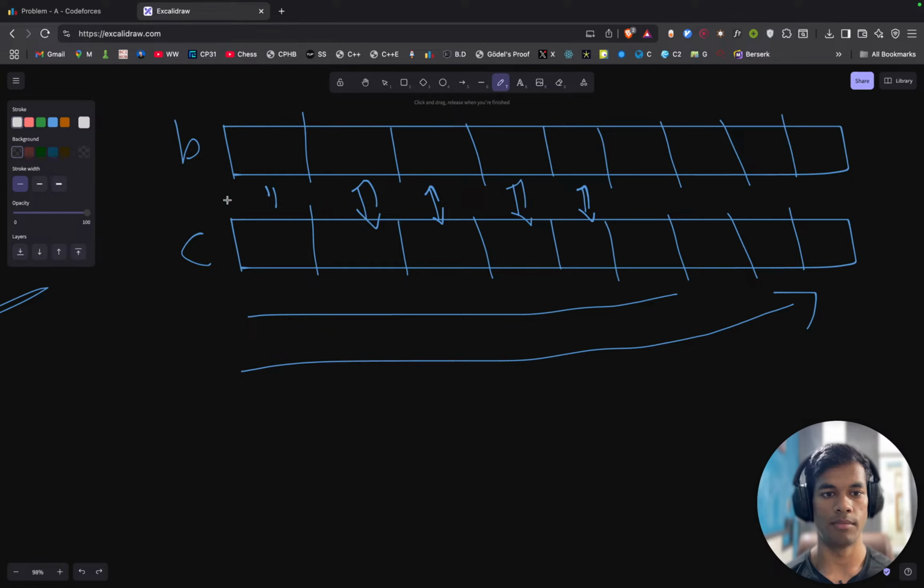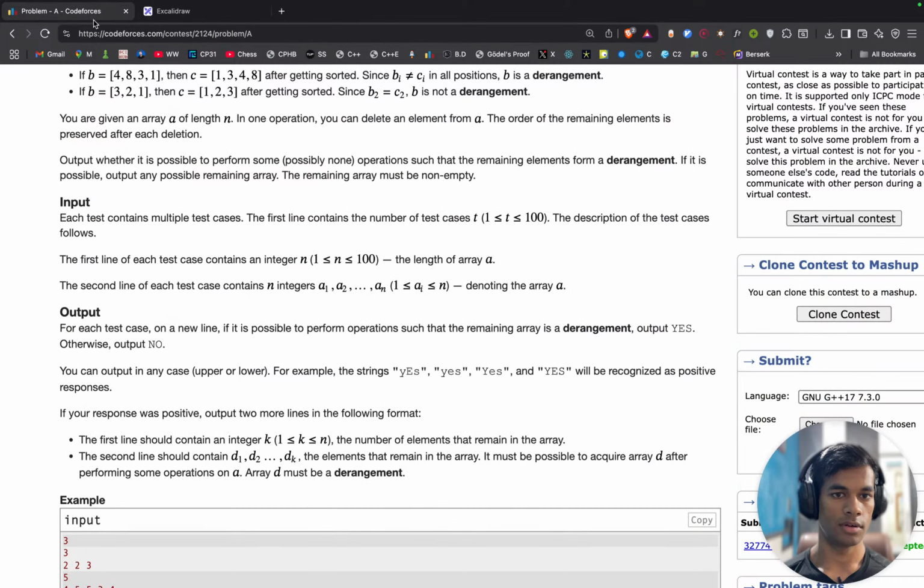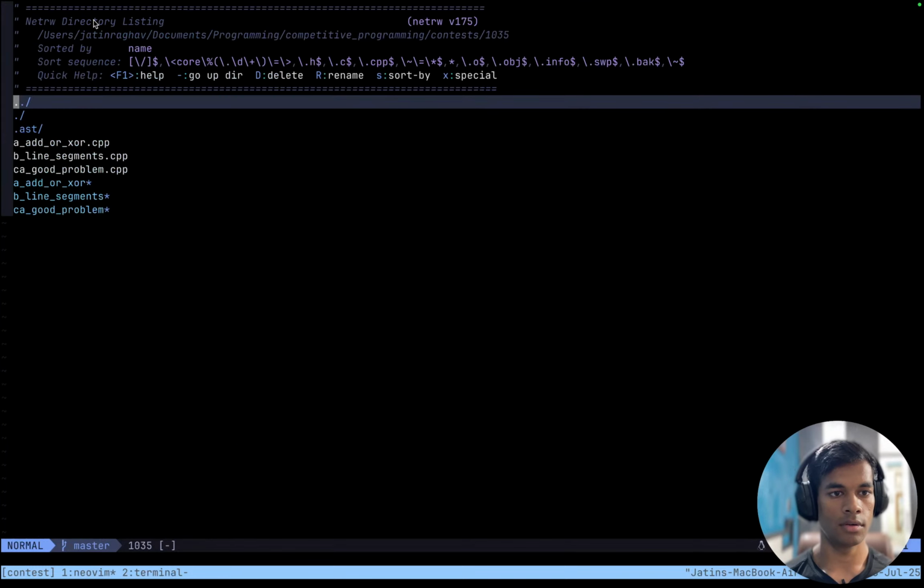If at any point they are equal, then I remove that element from B and output the ones which were not equal. That would be my answer, and that is what I have done.